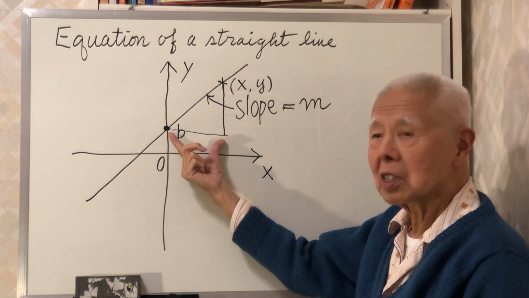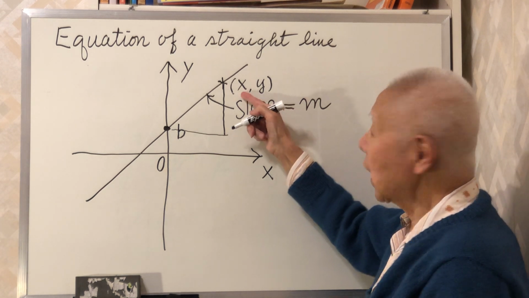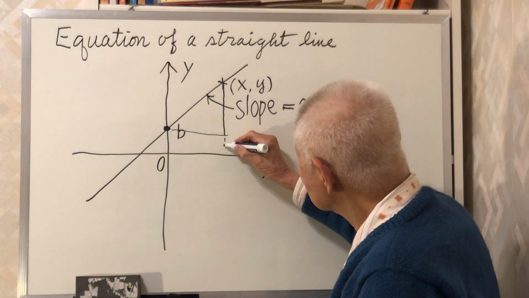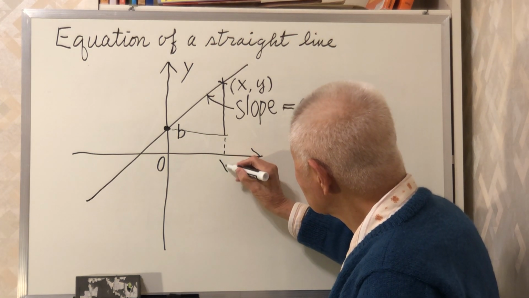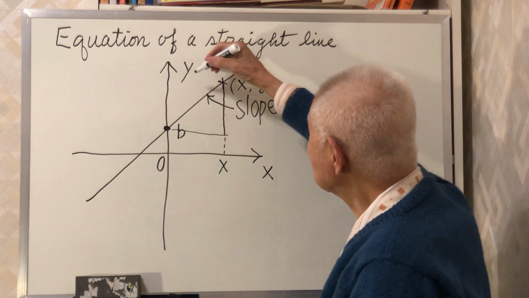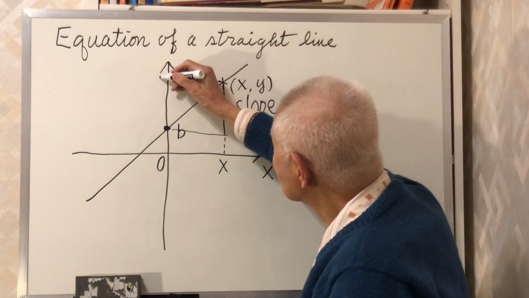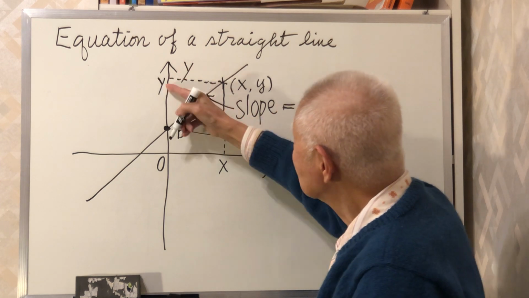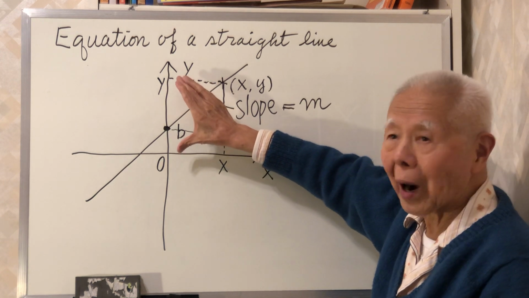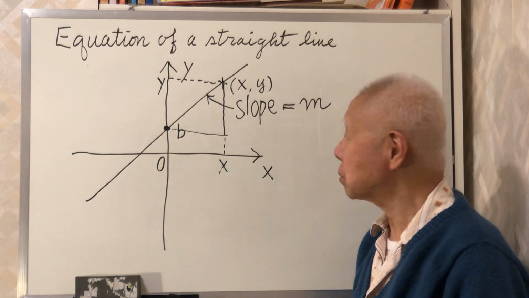And this is a run. This point is x, and this y-coordinate is y. This is the y-coordinate, and this is the x-coordinate.